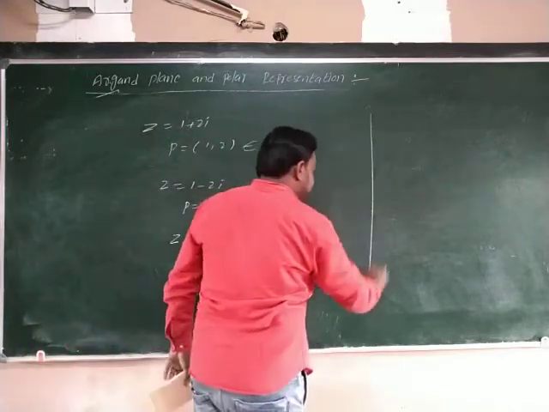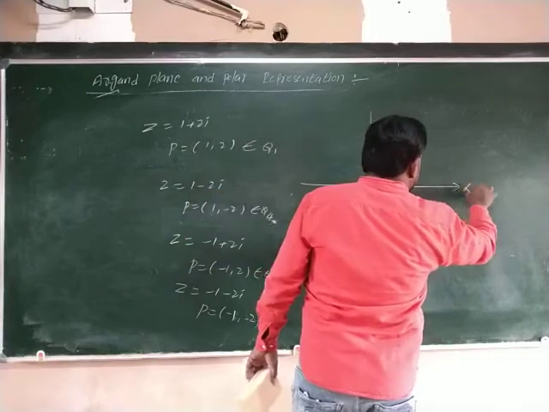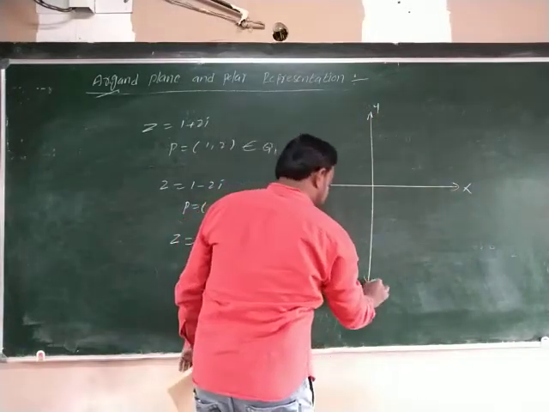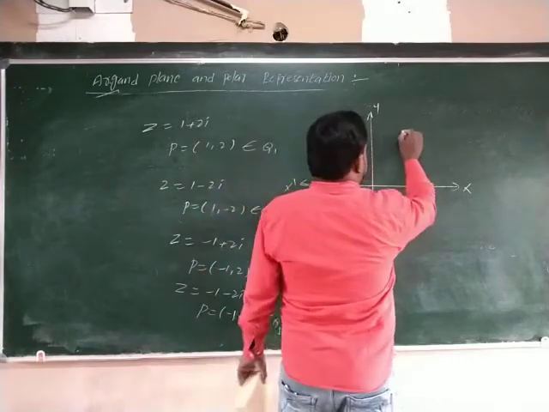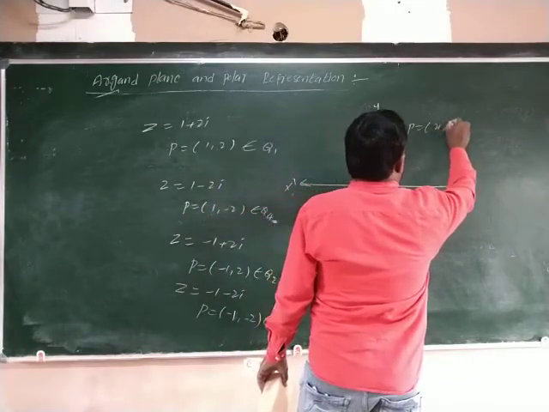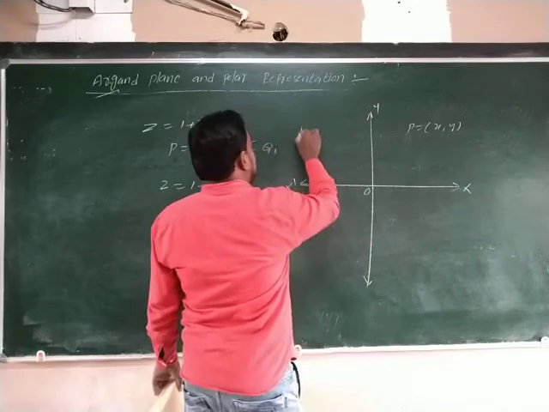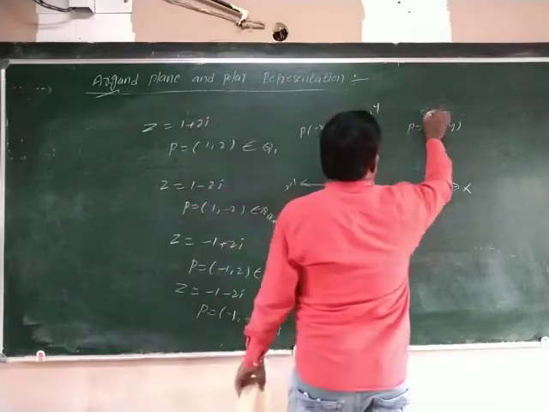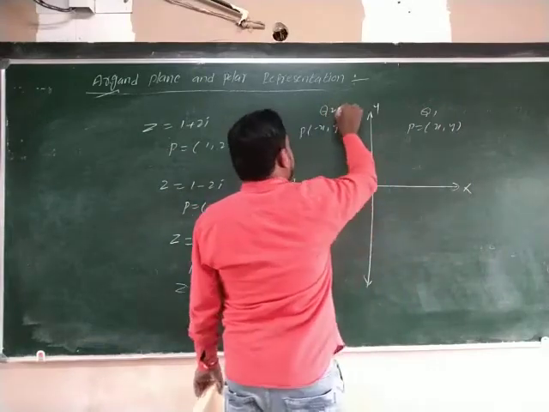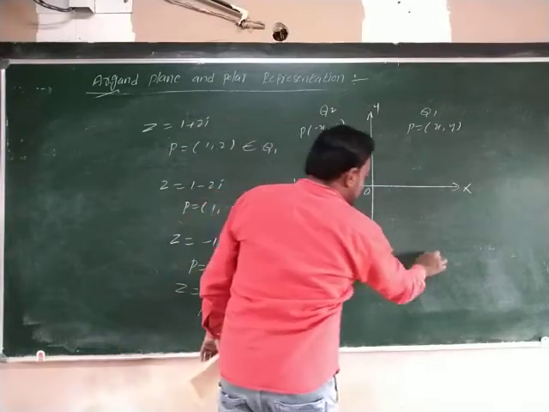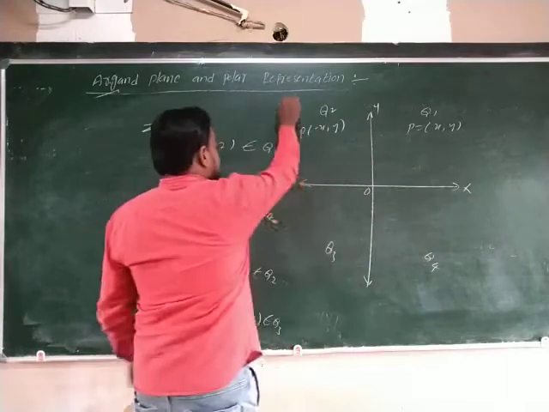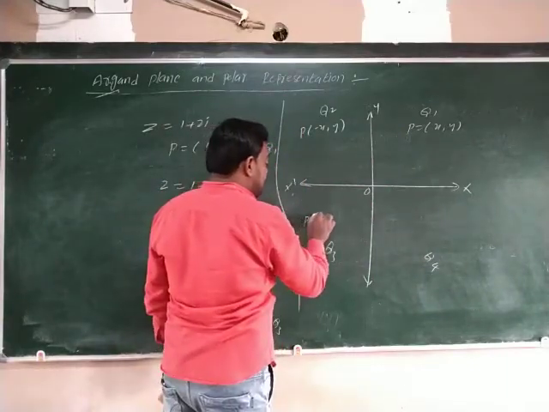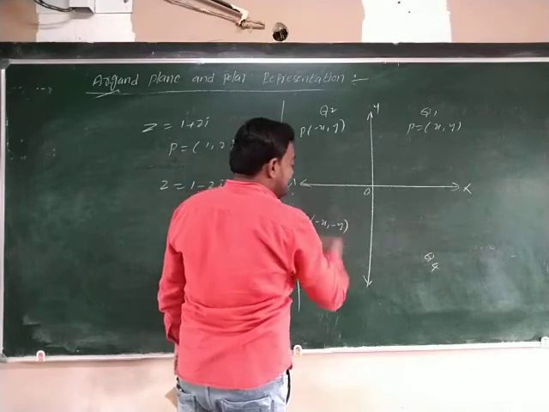Take one screenshot of this also and practice it. So the general form is (x, y). Here this is (minus x, y). This is quadrant 1, second quadrant, third quadrant, fourth quadrant. In the third quadrant, (minus x, minus y).